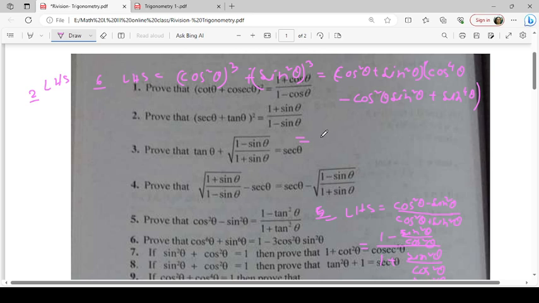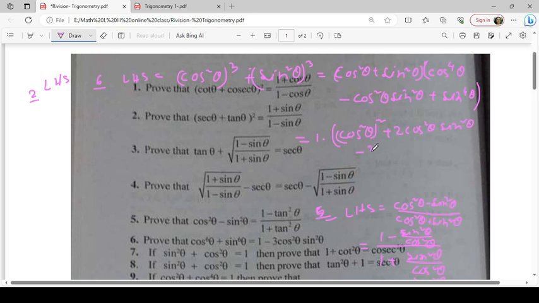So we can write it as 1 into cos square theta whole square, which is cos to the power 4 theta plus 2 cos square theta sin square theta, and sin square theta whole square. Then we are adding 2 cos square theta sin square theta because we need to have minus cos square theta sin square theta.